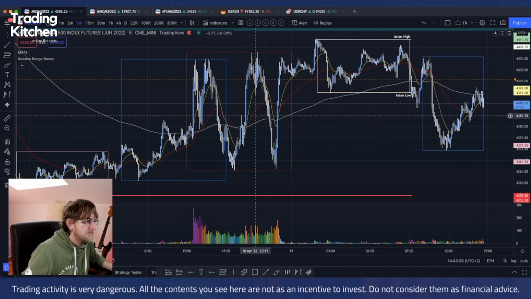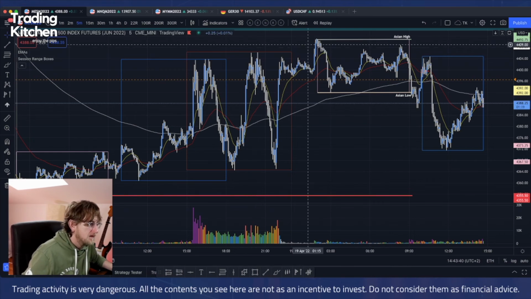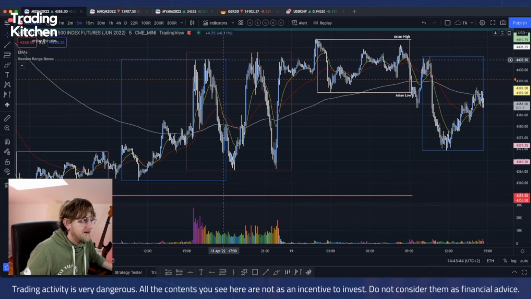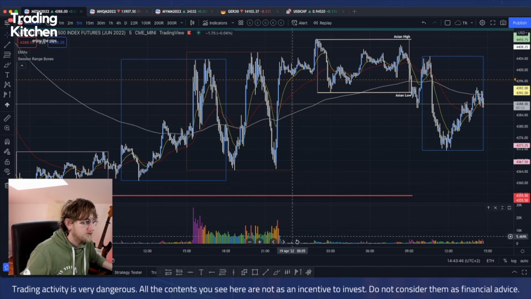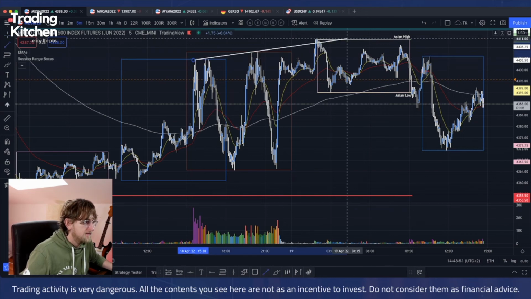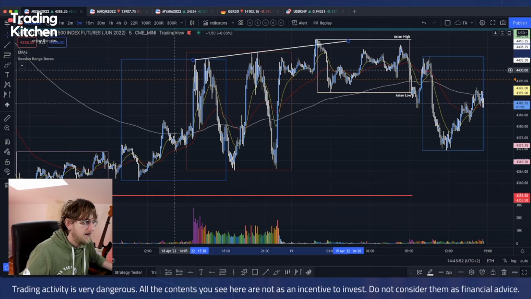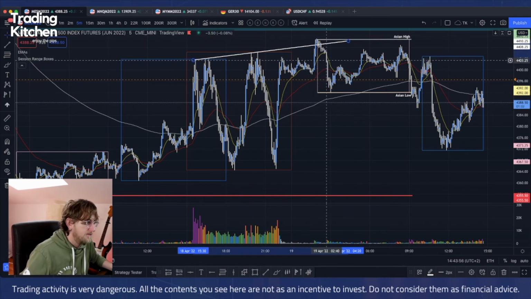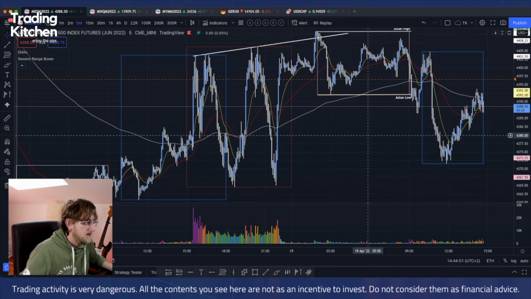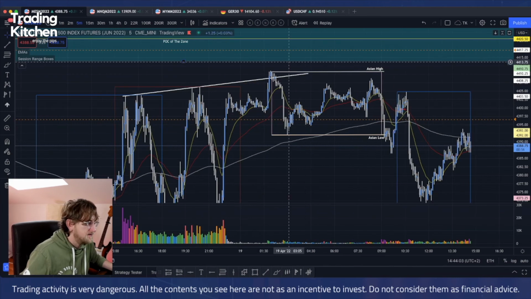Here we have another example which is quite close to today, and we are on the future of S&P. We see there's a trend line, fake breakout, manipulation, where here we are at the beginning of the Asian session, but anyway, it's the same.